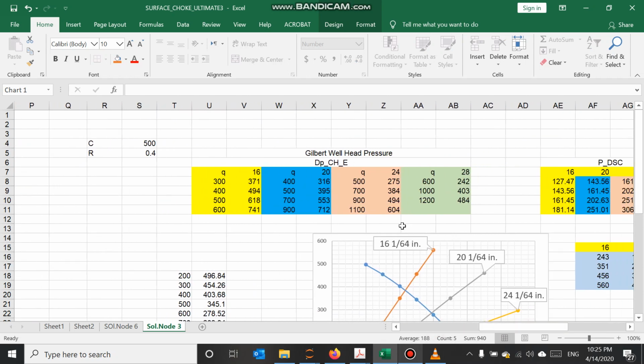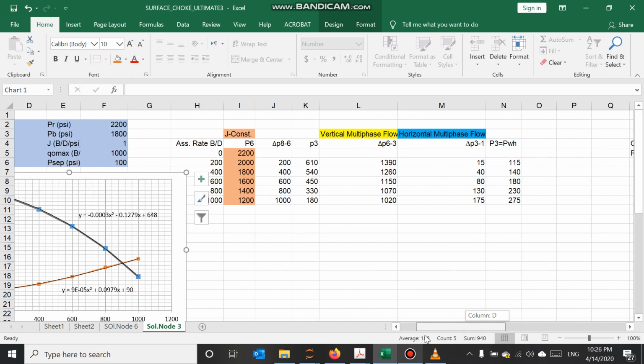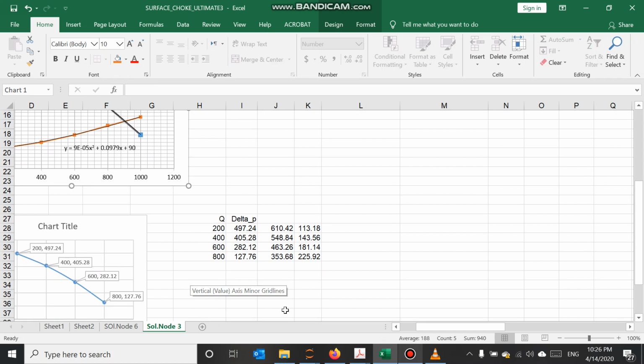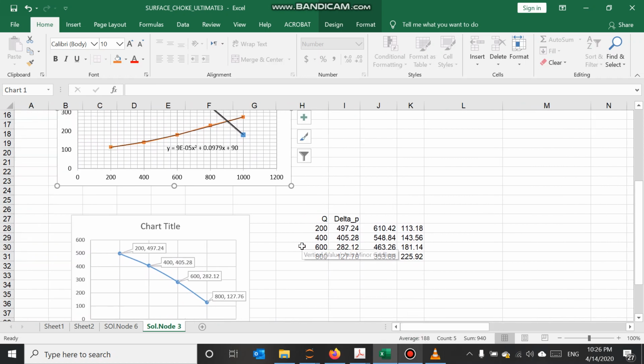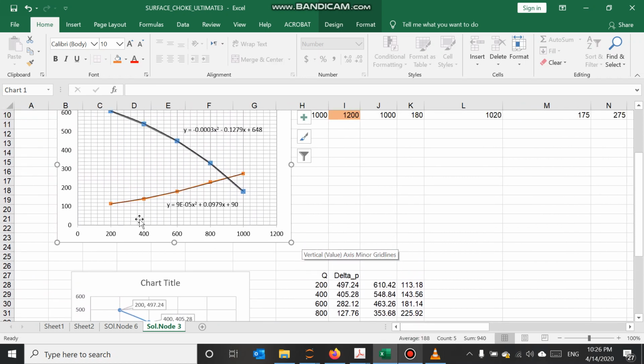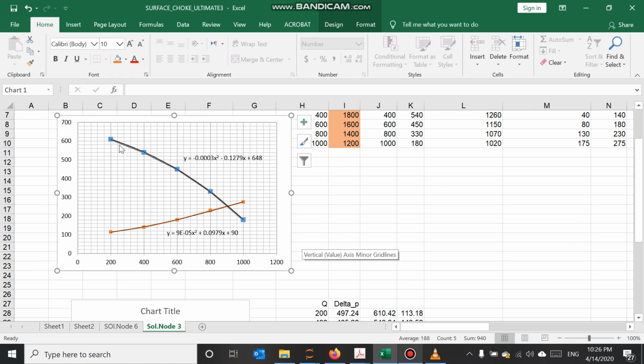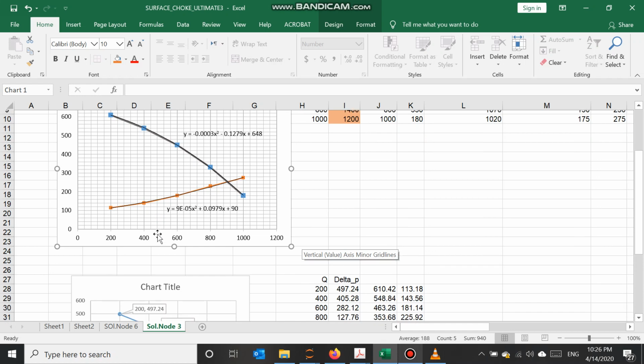Part two, we're going to use Gilbert. But before using Gilbert, I would like to tell you how we get the delta P, the pressure drop between these two curves.